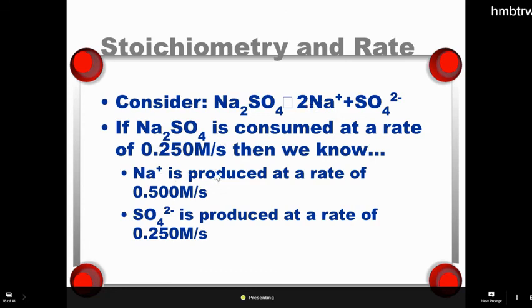So Na+ is produced at a rate of 0.5, and SO4 2- is produced at a rate of 0.250 because I have a 1-to-1 ratio for my Na2SO4 and my SO4 2-, and I have a 1-to-2 ratio for my Na2SO4 to 2 Na+.